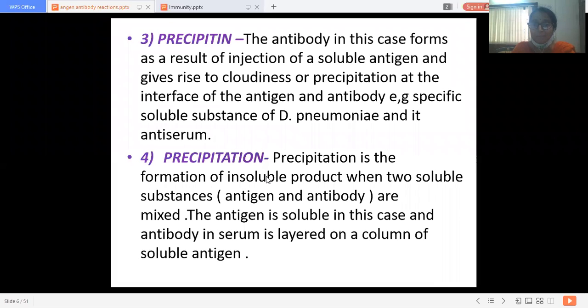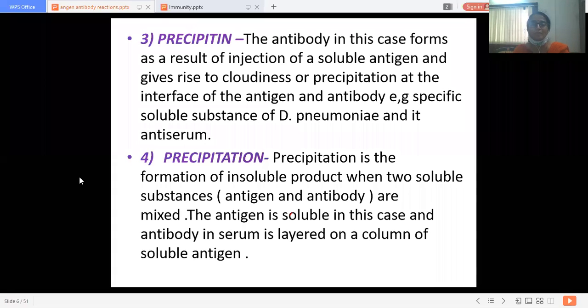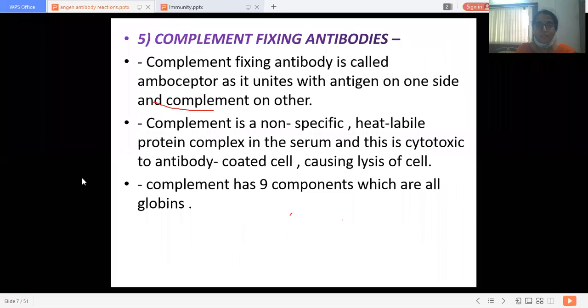In precipitation, an insoluble product is formed whenever soluble antigen and antibody unite in the serum. So there is formation of insoluble product whenever the antigen and antibody unite. This is the precipitation reaction.